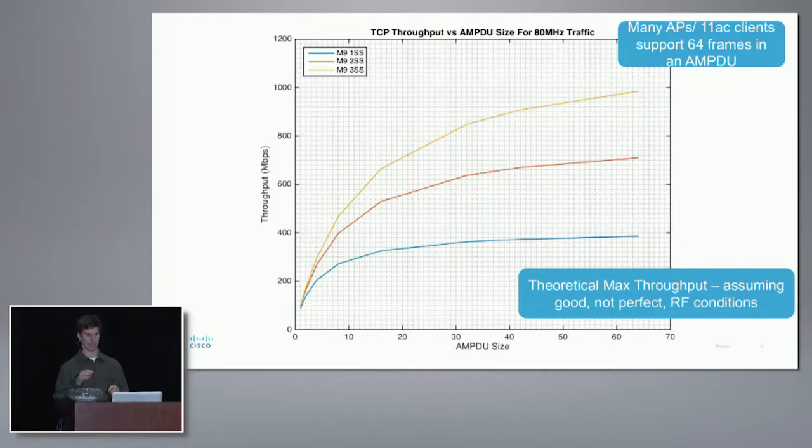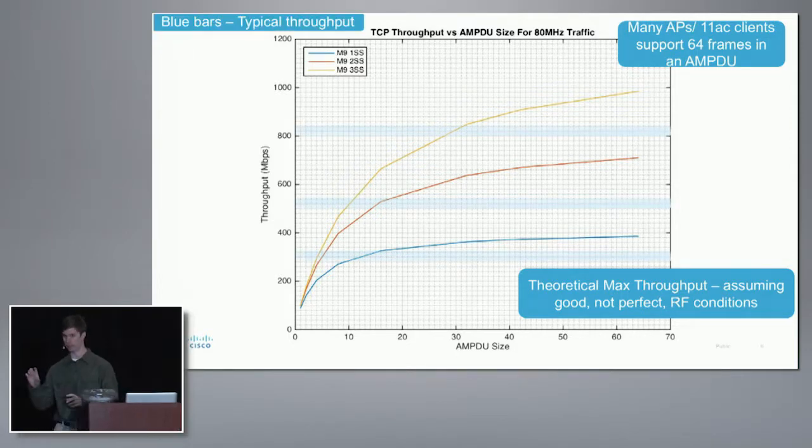You're not going to exactly see all that throughput today because of system level or RF level bottlenecks. I think as chipsets and digital designs improve, you'll get closer to these limits. These little blue lines are kind of what you'll see today in terms of single client throughput.